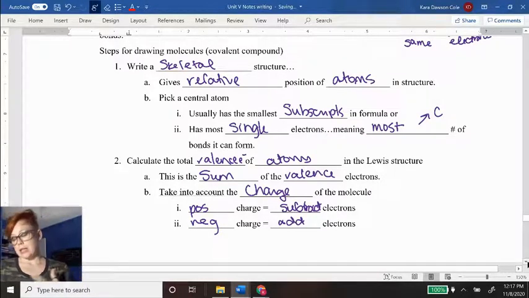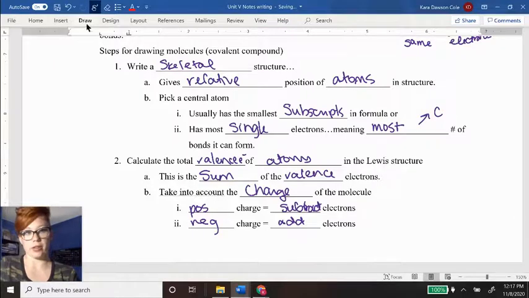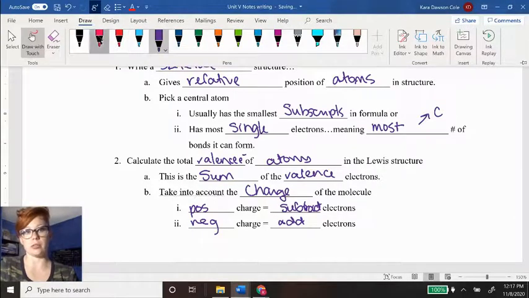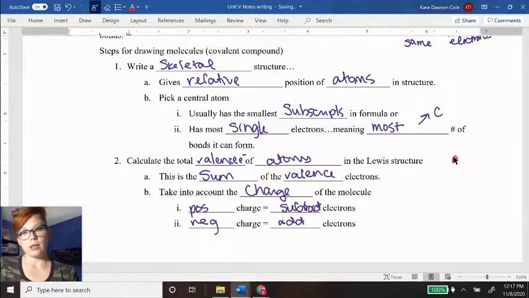So a couple of things that can help you here as well is to know your Lewis structures for everything, or your Lewis dot diagrams, right? So carbon's Lewis structure has 4 dots around it. This can form 4 bonds. In fact, carbon always forms 4 bonds.